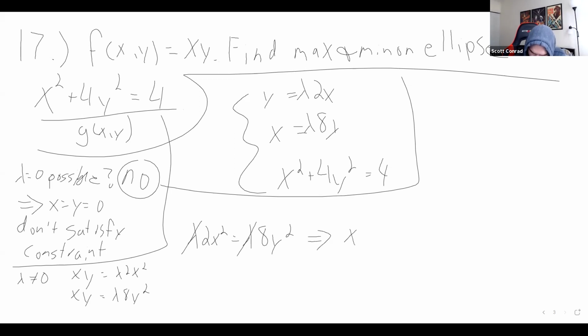And we get x squared is 4y squared. And so this tells us when we take the square root of both sides, that x is equal to plus or minus 2y.